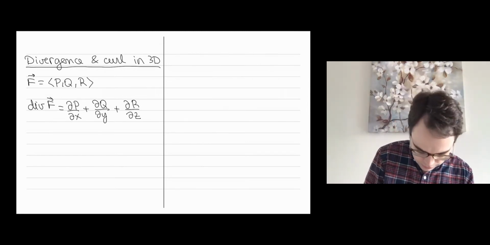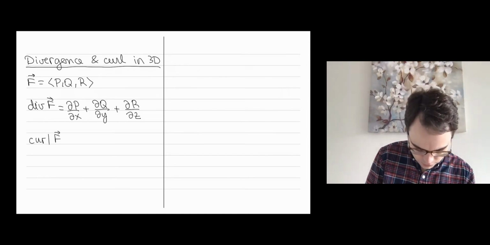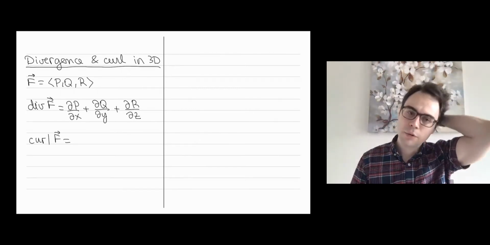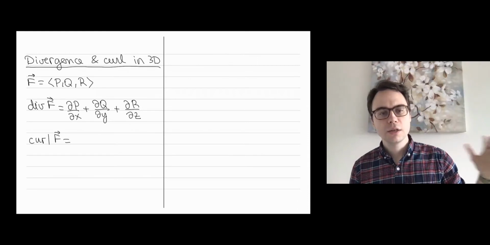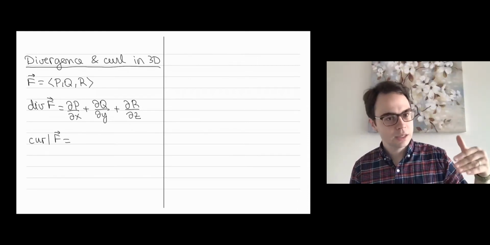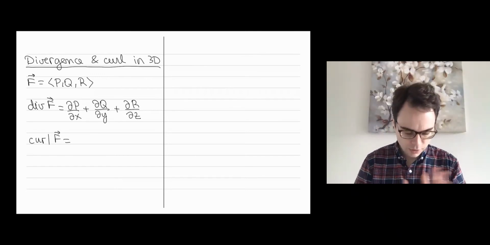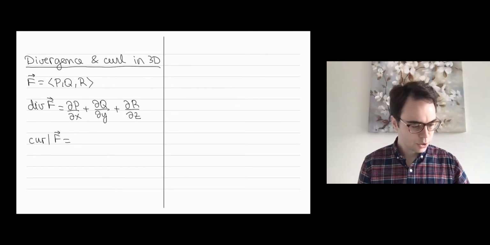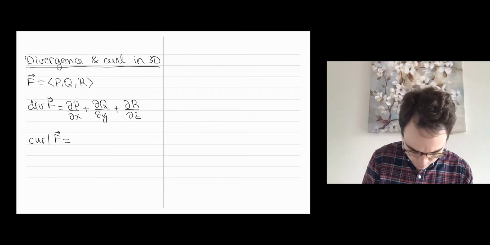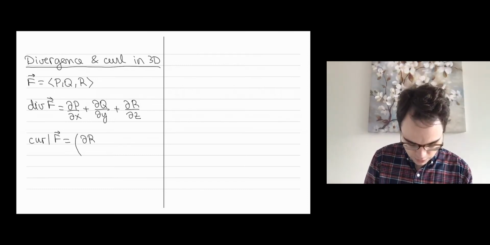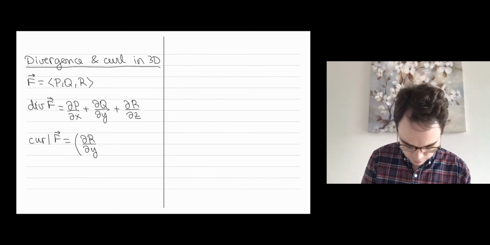The curl in 3D is more interesting, because it's different from what we've seen. In 2D, div and curl were both functions. In 3D, div is still a function, but curl is now a vector field, another vector field that we build from the original one by taking derivatives. So the first component, and now it's like a soup of partials, is dr dy minus dq dz. Here I'm looking at my notes on the side, you can probably tell.